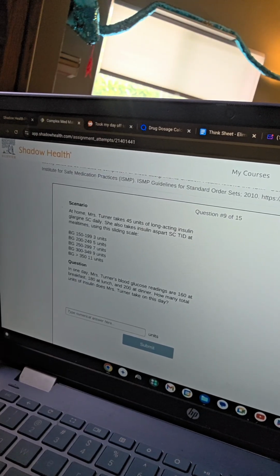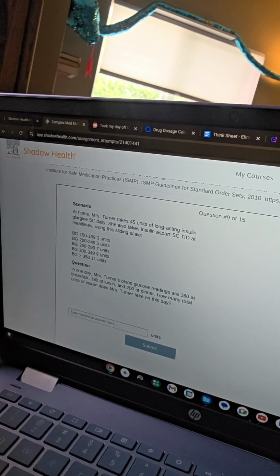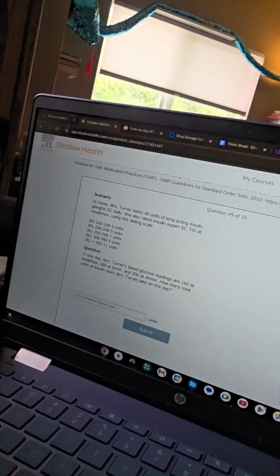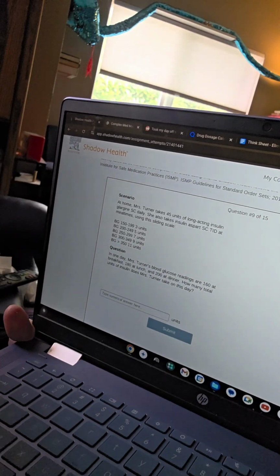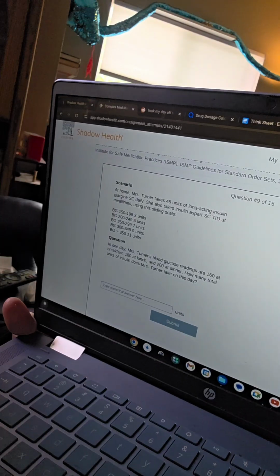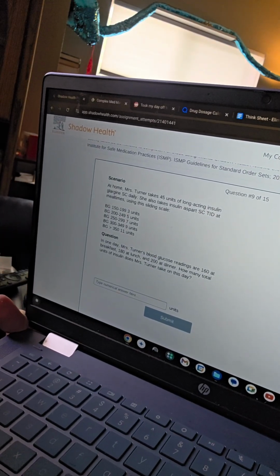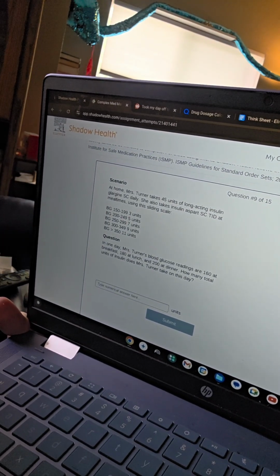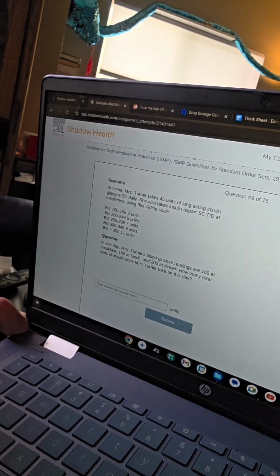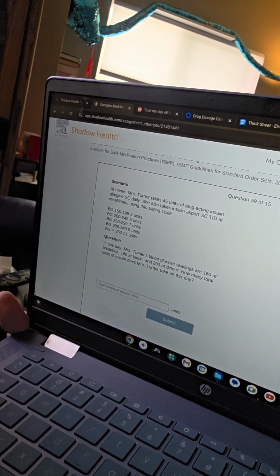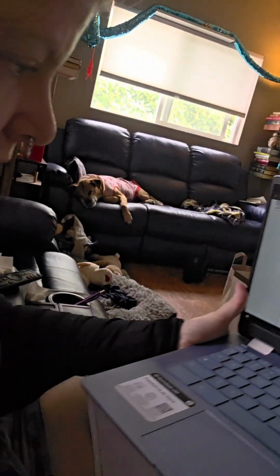Okay, so this sliding scale is how many units she'll take depending on what her blood glucose is. In one day, Miss Turner's blood glucose readings are 160 at breakfast, 180 at lunch, and 200 at dinner. How many total units of insulin does Miss Turner take on this day?